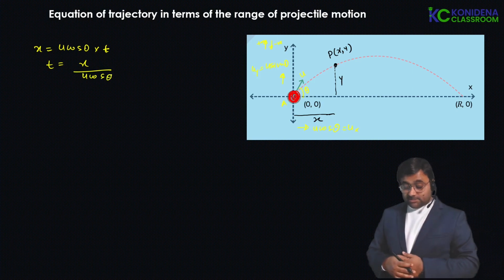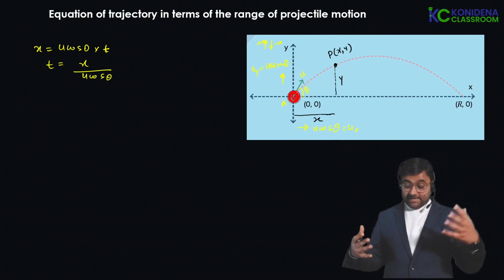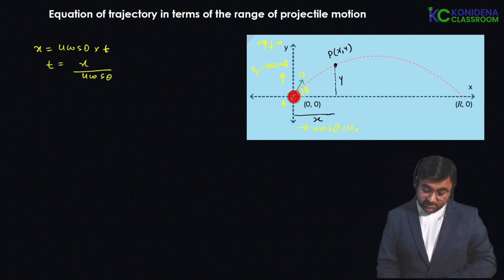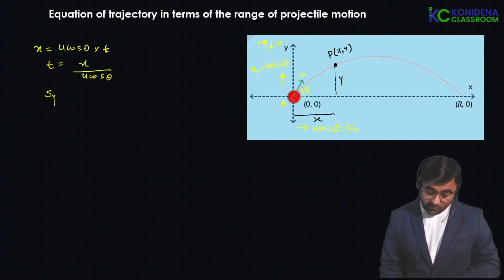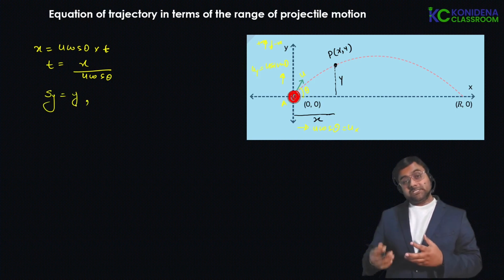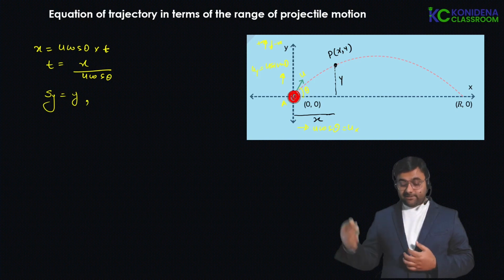Okay, now let us talk about y, the height raised by the projectile. Here, the displacement along y direction that I have taken is y. Next, the initial velocity in y direction is u sine theta.